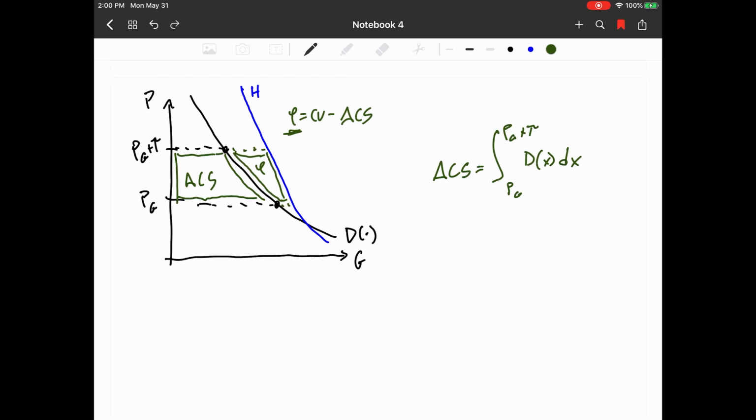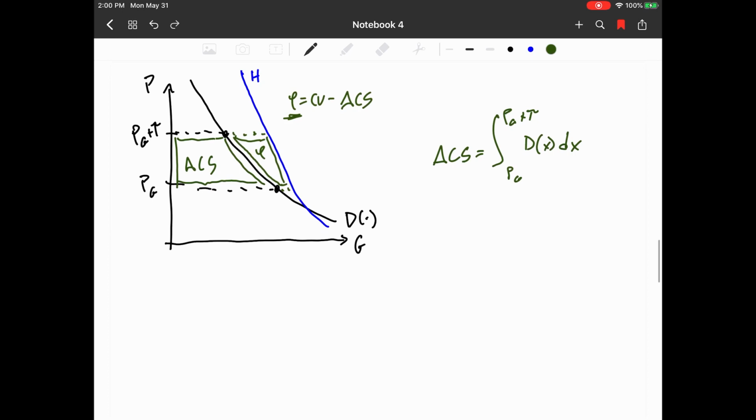So just visually, it should be clear that most of the time when the Hicksian and the demand curve don't align, the change in consumer surplus and the compensating variation should not be equal. In general, the compensating variation is going to be slightly larger than the change in consumer surplus. And this is really just coming from the income effect.